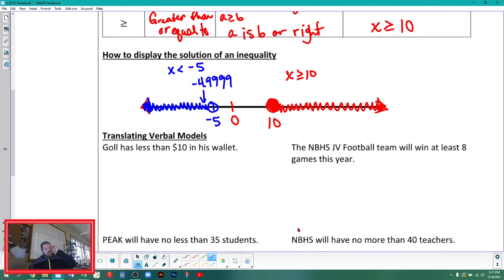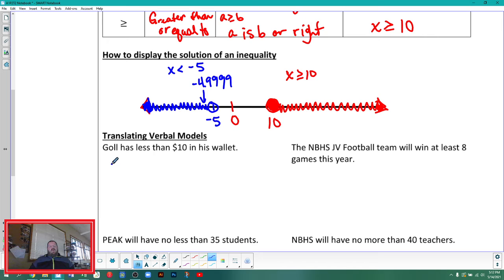Then the other thing that we'd like to do is to be able to take a verbal expression and put it into an inequality. Okay, and this first one says that Gaul has less than $10 in his wallet. Yeah, that's true.